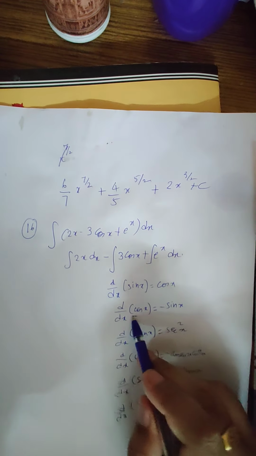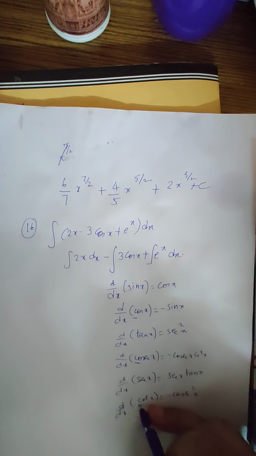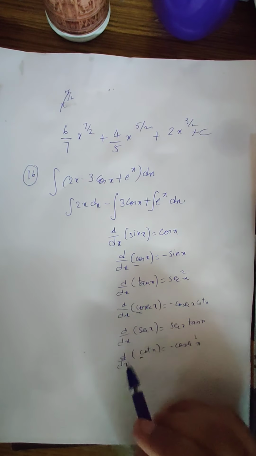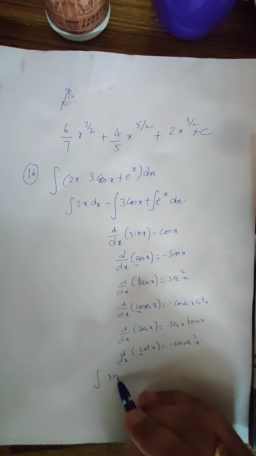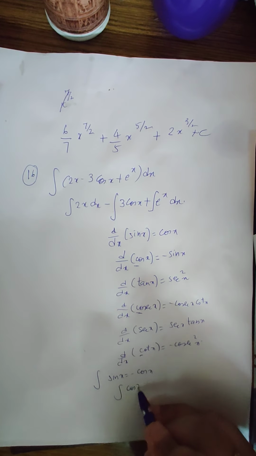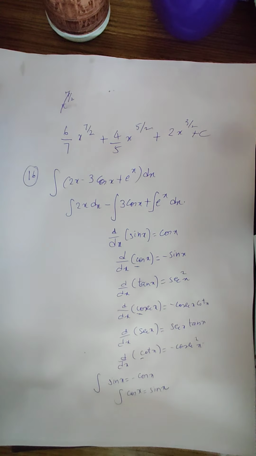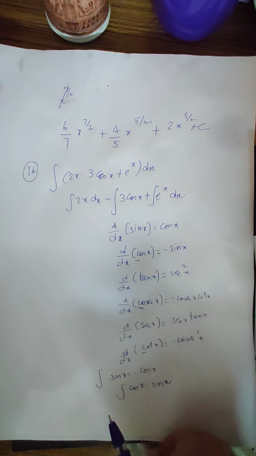If it is a c in the differentiation, I already told you, you will have a minus on the right hand side. Similarly, integration of sin x will be minus cos x, and integration of cos x will be sin x, and it goes like that. When and where it's required, I'll just make a note for you people.